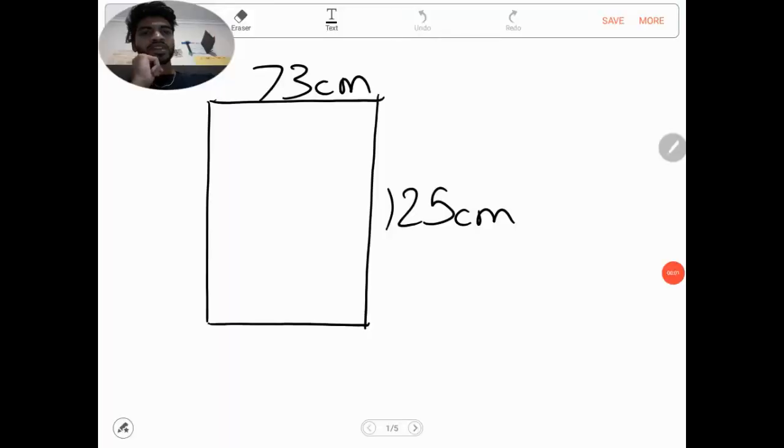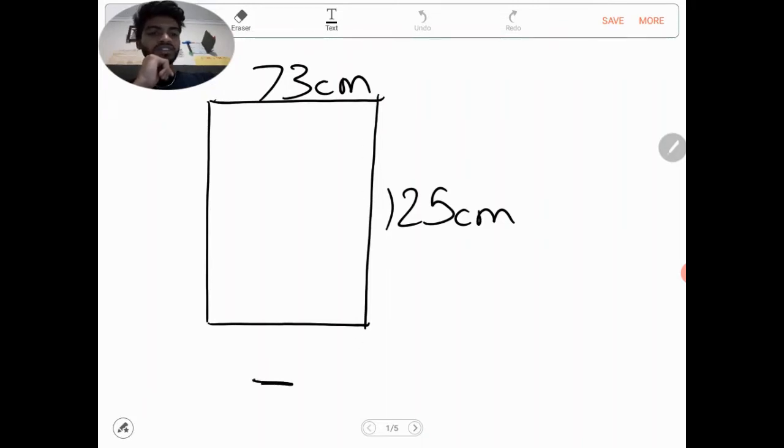So now we just have to calculate the perimeter and the area. Okay, so we saw that the storage compartment had a width of 73 centimeters and a length, which is the longest part of the shape, of 125 centimeters.